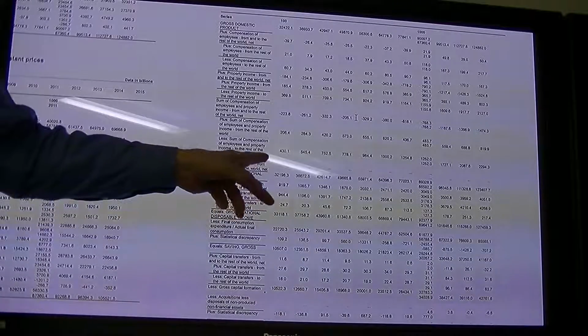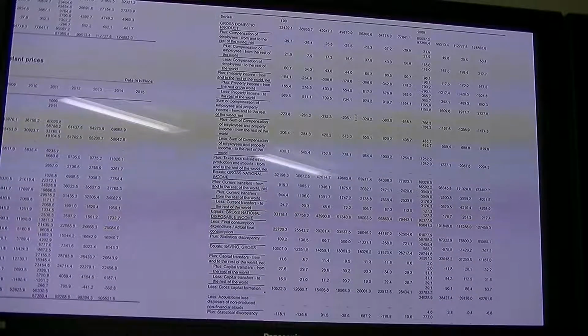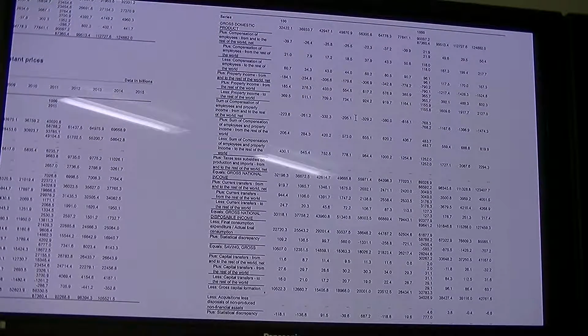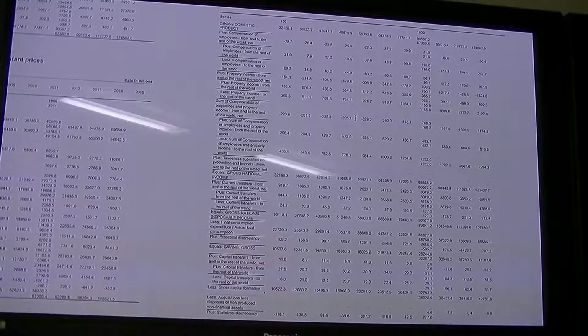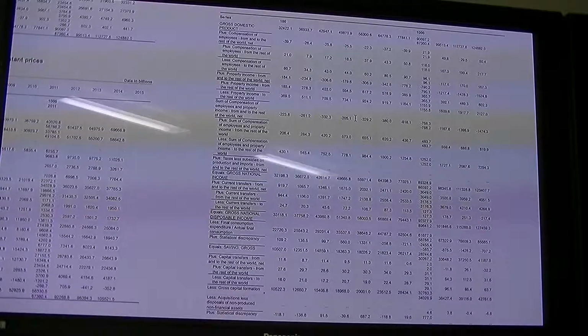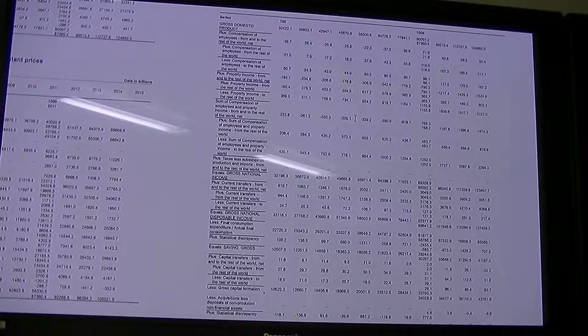And the reason is that, remember, let's go back to when the country is a net borrower. One of the things that is the net exports, savings minus investment. Well, if you're importing more, probably your savings are falling.